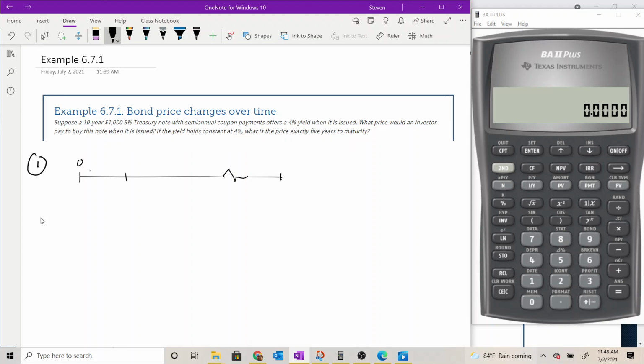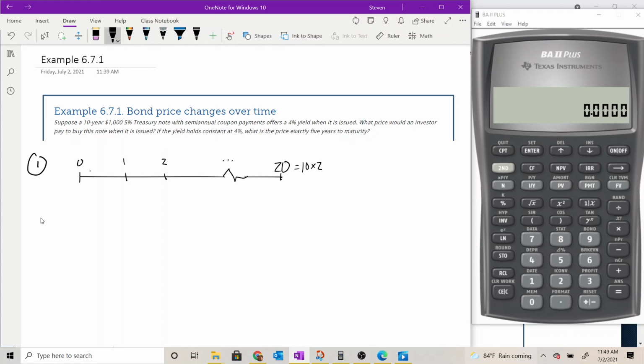So our first tick mark is 6 months from the time it's issued. Second tick mark is 12 months from the time it's issued, and so on, out to 10 years from today, but it's making payments twice per year, so we're going to have 20 total payments, where that is equal to 10 years times 2 payments per year.